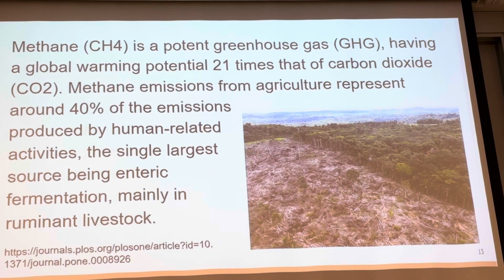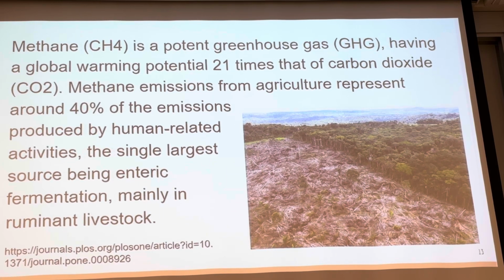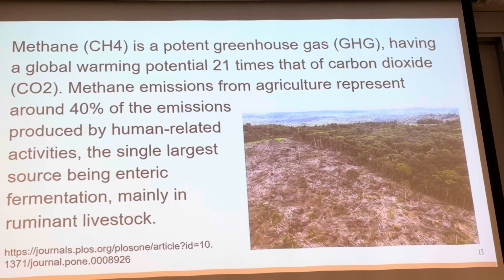When they live in the intestines of cows, they eat the food that the cows eat, and they produce methane as their byproduct. Some archaea are called methanogens, and they produce methane. The bacteria that we talked about produce CO2, but there are some archaea that produce CH4, a methane byproduct.